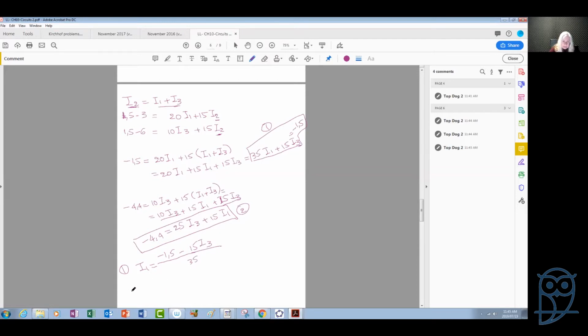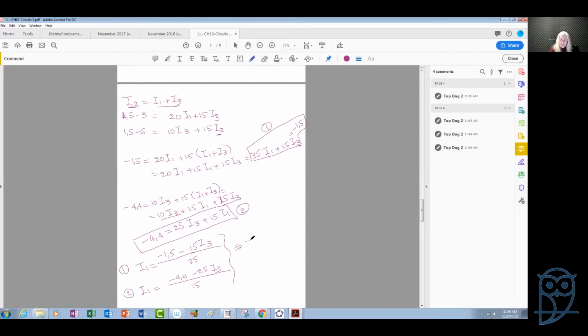And from the second one, if I solve for I1 again, that will be minus 4,4 minus 25 I3 divided by 15. So you see these now are equal, which means if I equate those two, I can solve for I3 and so on.